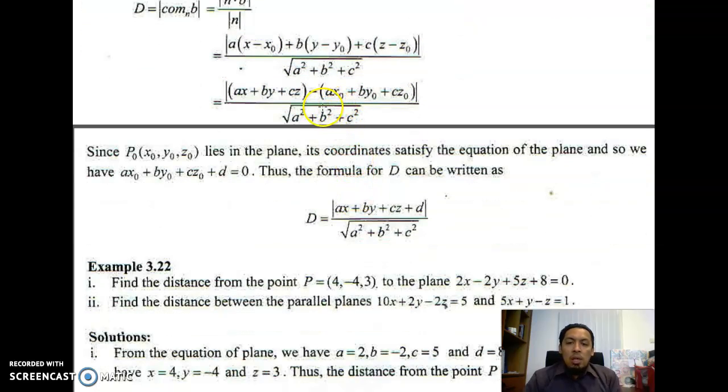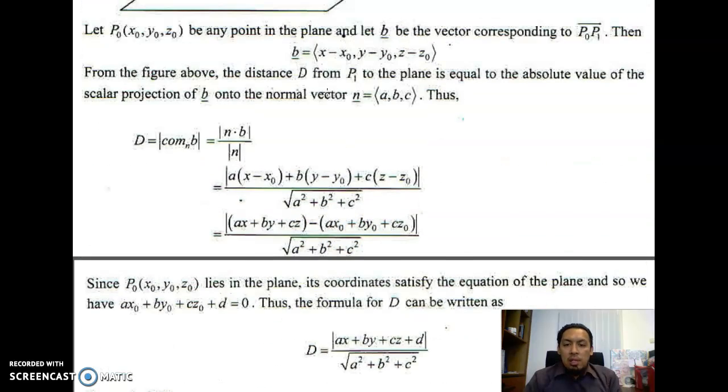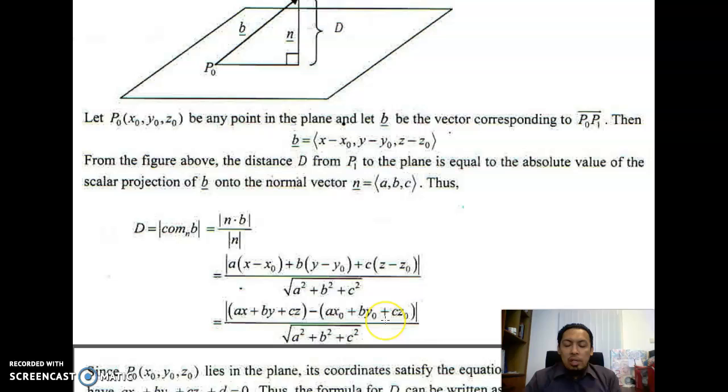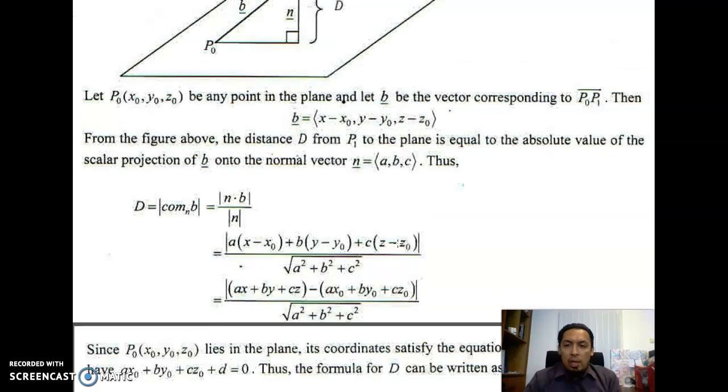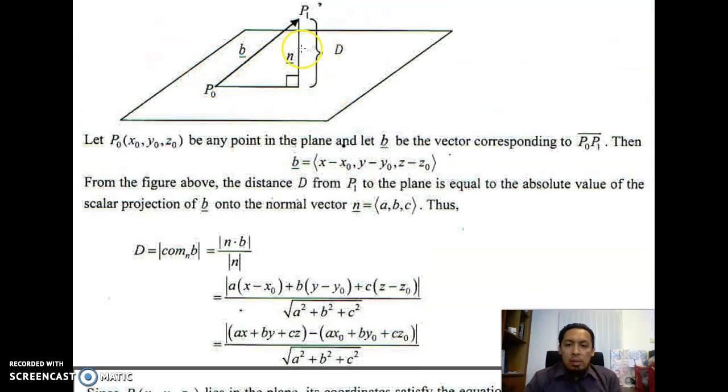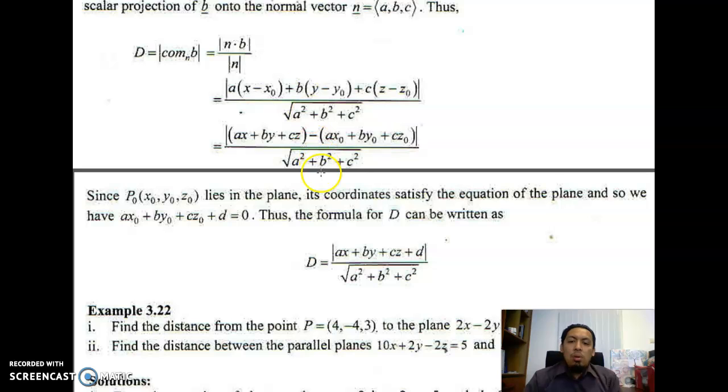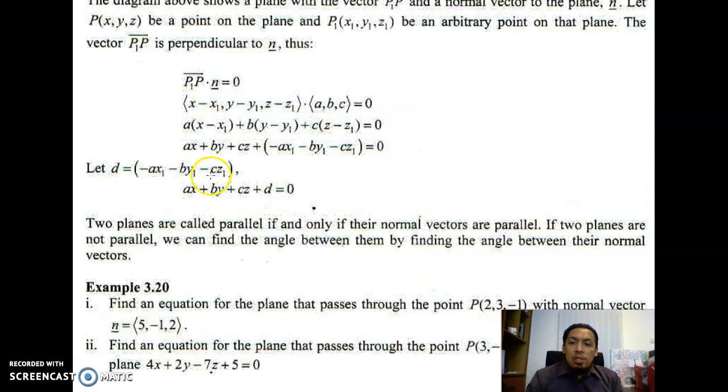And lastly, for this one, this is actually an equation for the component of P0. As you can see here, P0 is on the plane, and because of that, the coordinates of P0 should satisfy the equation of the plane, which in general is Ax plus By plus Cz plus D equal to 0.